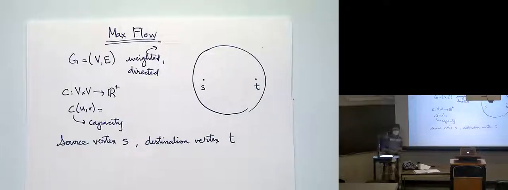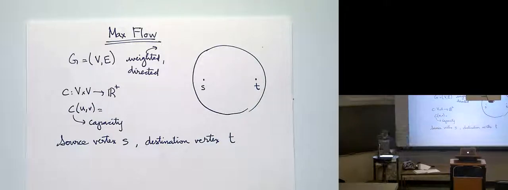The story you have here is you are trying to send flow from S to T. You can think of the flow as water or some commodity. You want to send unit flow from S to T. Each edge has a capacity of how much flow can be sent.